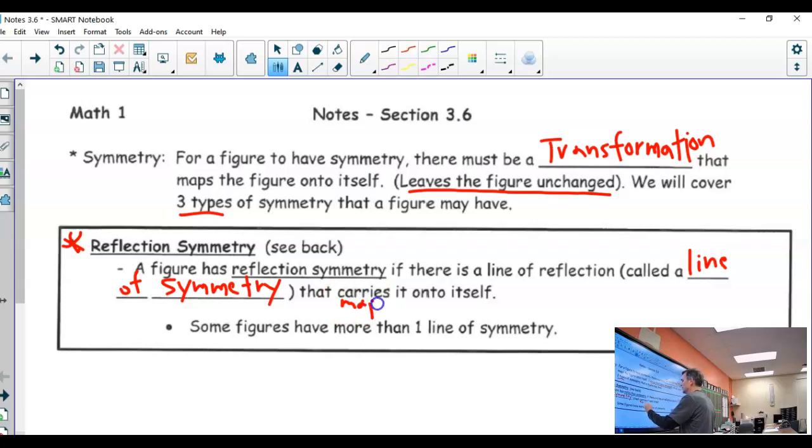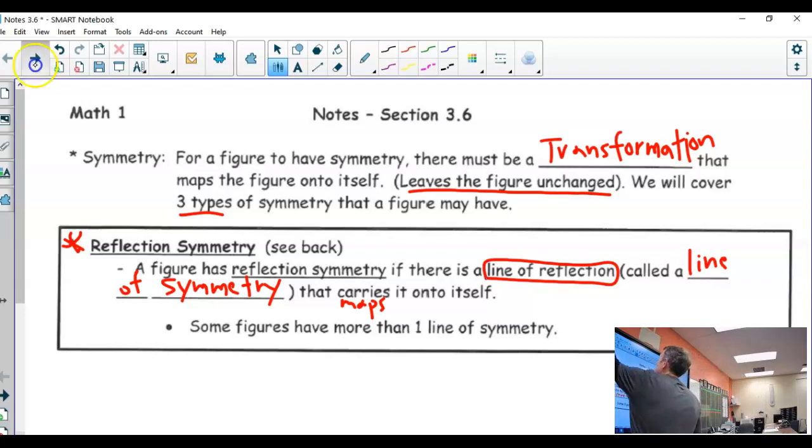I kind of wish I'd put the word maps there. That maps it onto itself. Some figures have more than one line of symmetry. So we are looking for a line of reflection that, when you use it, would map the figure onto itself.